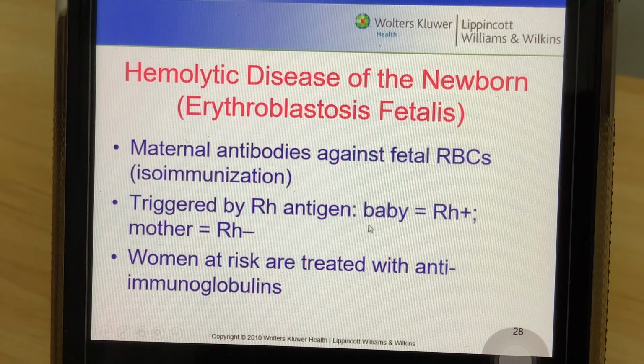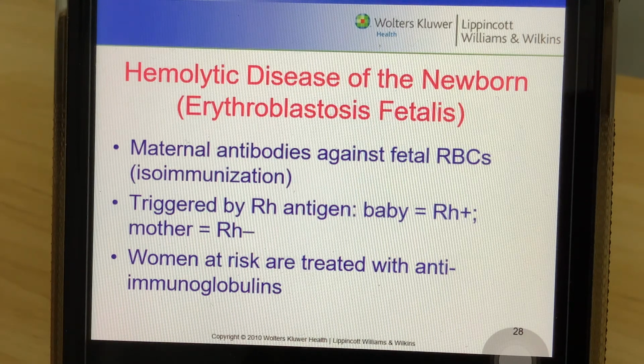Okay, so this is a disease of the newborn. We have the hemolytic disease of the newborn, or we call it erythroblastosis fetalis. And although the maternal and the fetal circulation do not mix, there's some leakage that occurs across the placenta. And because fetal cells have antigens on them, they can elicit an antibody response in the mother.